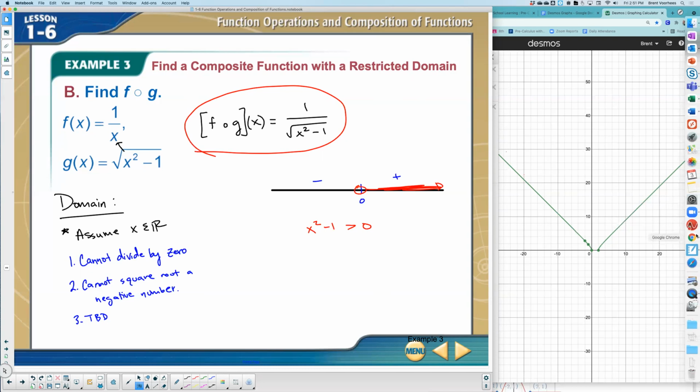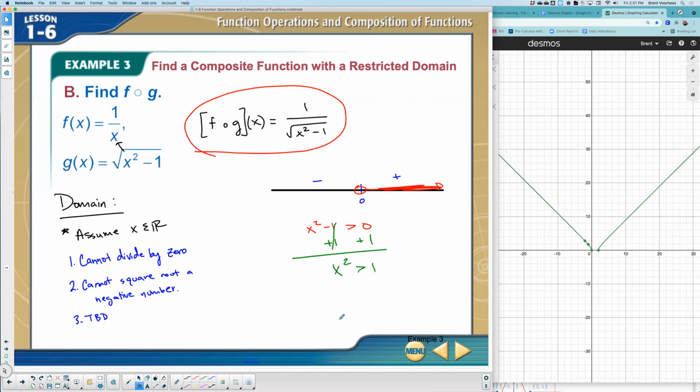So what's my first step? Add 1. So x squared has to be greater than 1. And how do you get rid of a square? Square root. Anytime you add a square root that's not originally there. So x has to be greater than 1, or x has to be less than -1.